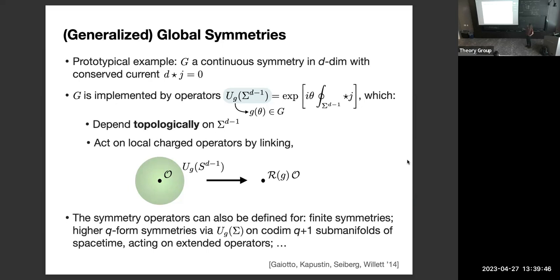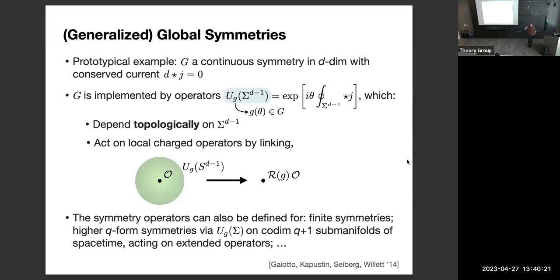These operators depend on the submanifold over which I've integrated, and they're also labeled by the group element of the global symmetry. Here I've explicitly written an example for a U(1) global symmetry, but you can of course do this more generally. The important comment is that these operators depend on this submanifold only topologically.